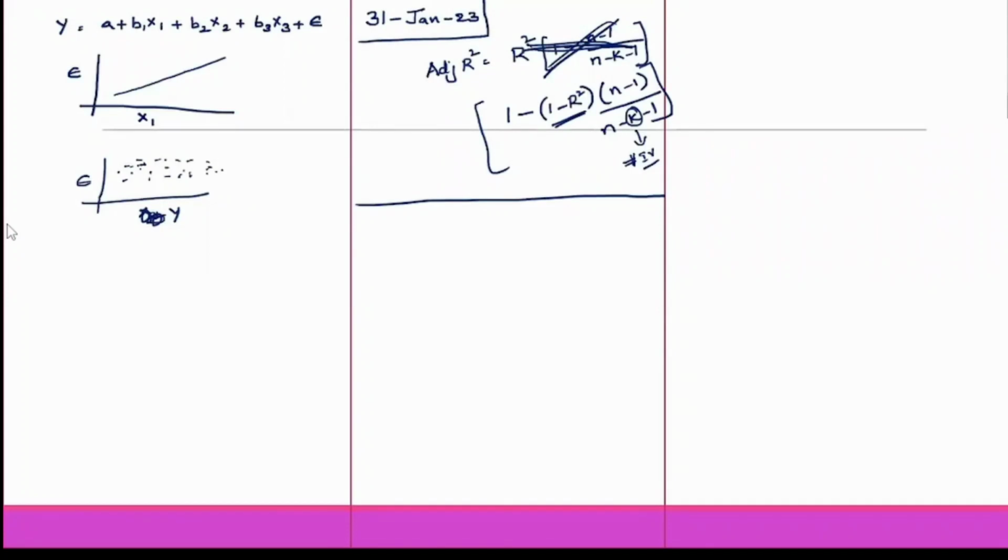Look at the p values, look at the overall significance of the model, look at whether the residuals are normally distributed or not, whether there is any heteroscedasticity or multicollinearity in the model. We look at so many things when we are doing it from a statistical analysis perspective.